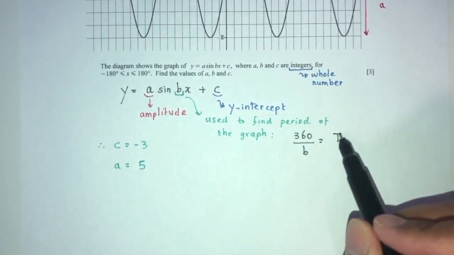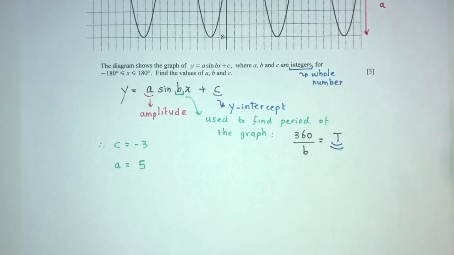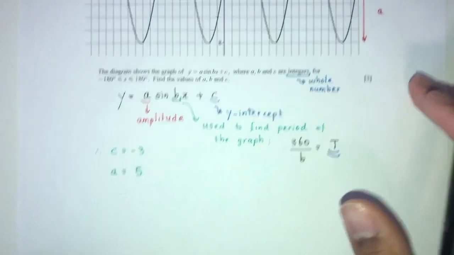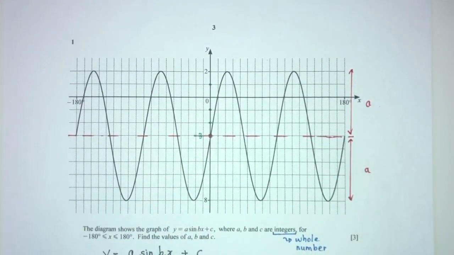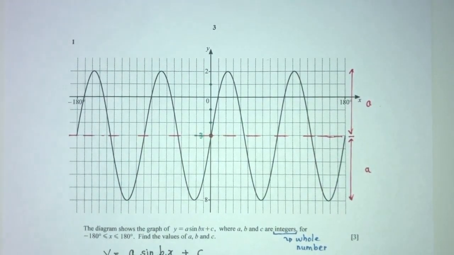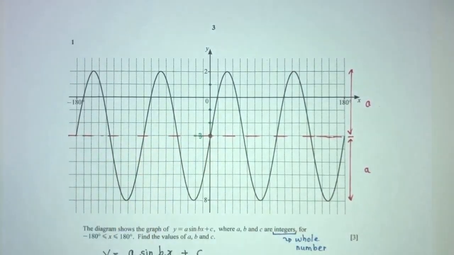Obviously, we don't know b, but we know T. How? The period is given to you by the graph. We have to observe what the period is. The period is the horizontal distance needed to complete one cycle.